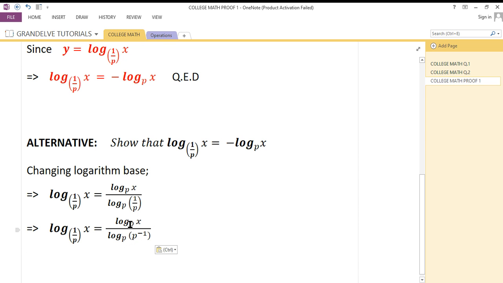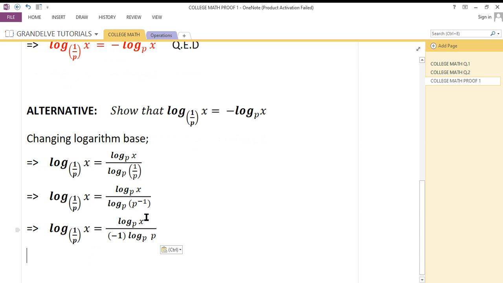You agree with me that we can write this expression in the denominator such that we can apply the third law of logarithm, that is exponential law of logarithm, so that the negative 1 will then come to multiply the log of p base p. Okay, if that is okay, then we can go on by showing that applying the exponential law of logarithm in the denominator here, you have the exponent of the p, which is negative 1, multiplying the log p base p, as you can see here.